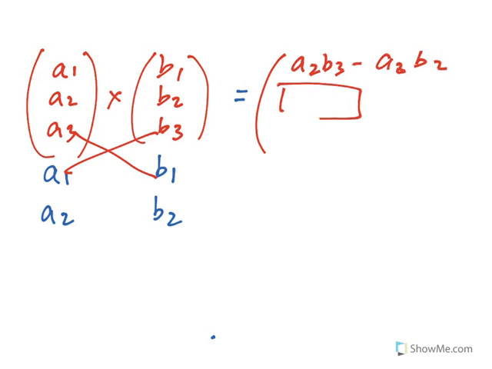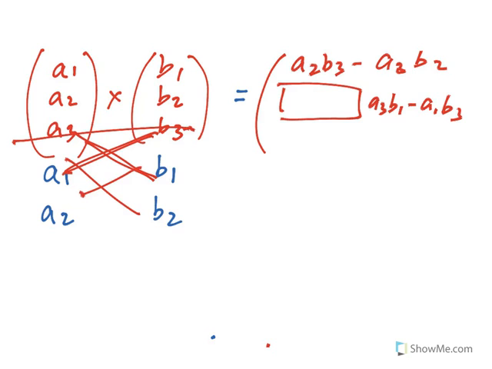For the second row, I put 2 rows underneath and cross: A3, B1 minus A1, B3. For the third component, I cross the third row, take the 2 rows underneath: A1, B2 minus A2, B1. Whatever row you want, cross that row and crisscross the 2 underneath. That's vector product.